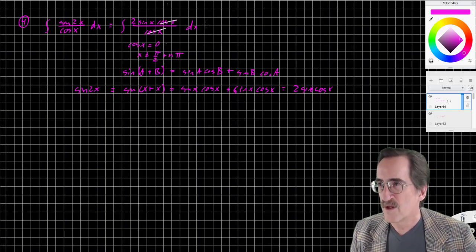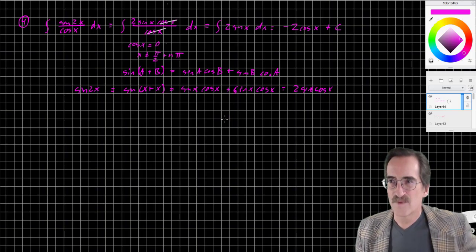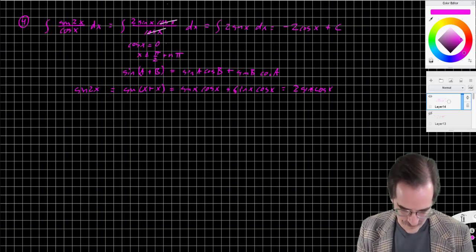Okay, so this equals the integral of 2 sine x dx, and the integral of sine is negative cosine, so negative 2 cosine x plus c.